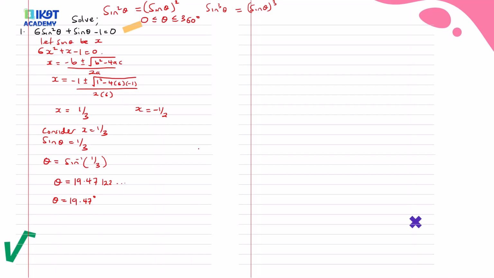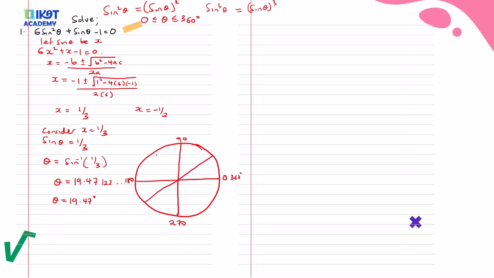Then now we can draw our quadrant. So we draw this. This is 0, 90, 180, 270, 360 degrees. Then we draw this, as we said. You have to get used to it.